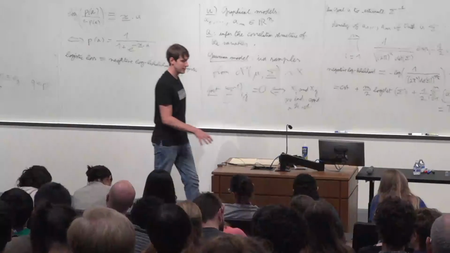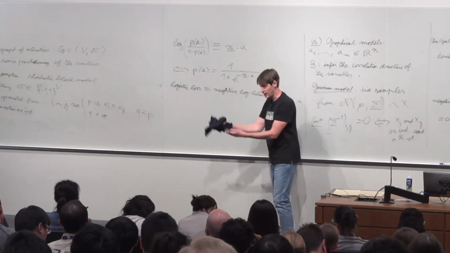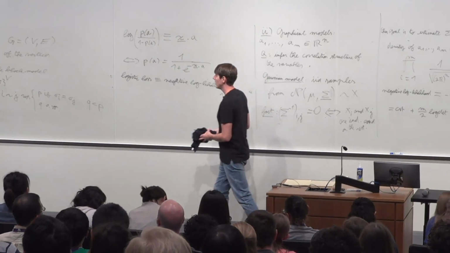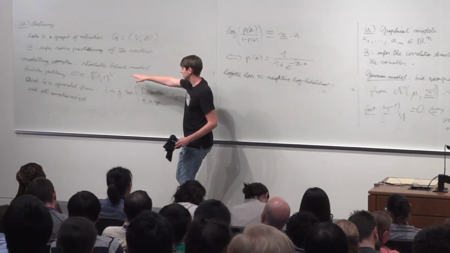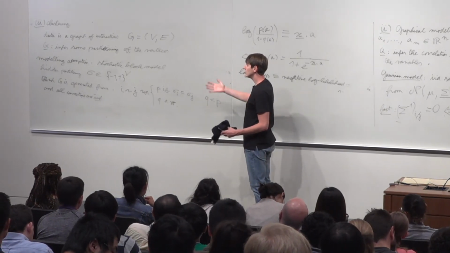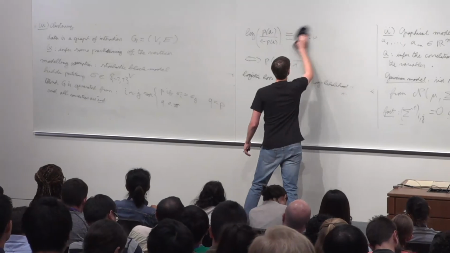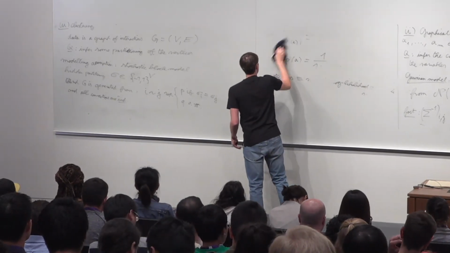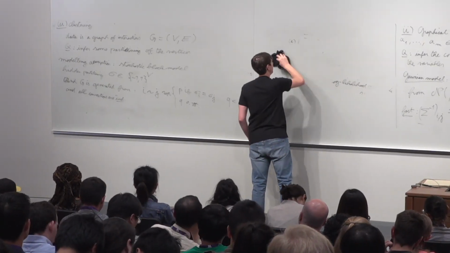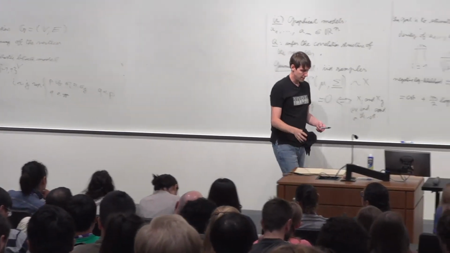Then what happens? Now the question, as with all of these examples, is: if I want to find this hidden partitioning, let me guess some hidden partitioning. What is the likelihood of my graph given this hidden partitioning? This is the question. Just have to write this thing.